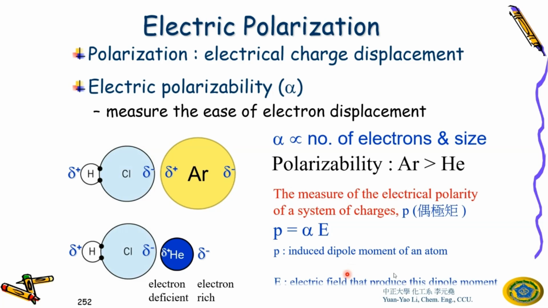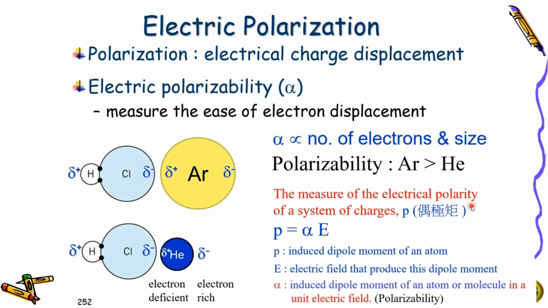So the measure of the electrical polarity of the system of charge we call P. P is related to the force. Okay, so P is alpha times E, where E is the electrical field and alpha is the polarizability.